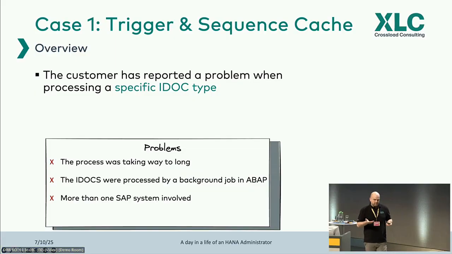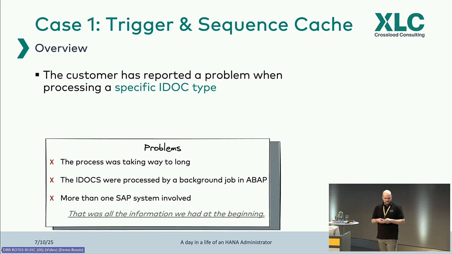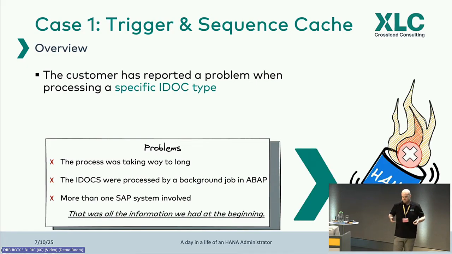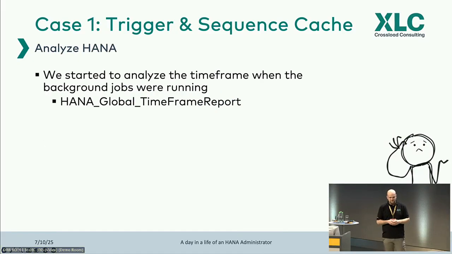That's not very helpful in our case because the problem was located on one system, but sometimes such information is misleading because you start thinking about the network stack and other problems. That was all the information we had at the beginning. They thought it was the HANA database. And in the end, it was the HANA database.